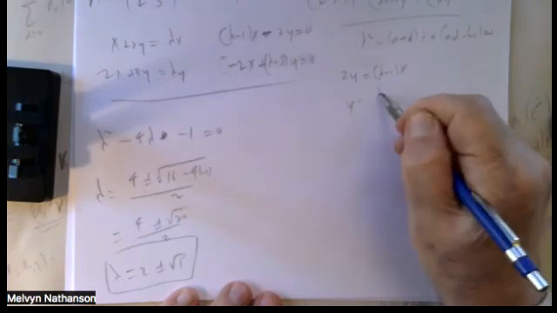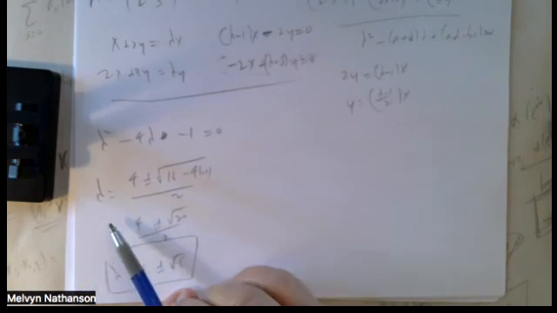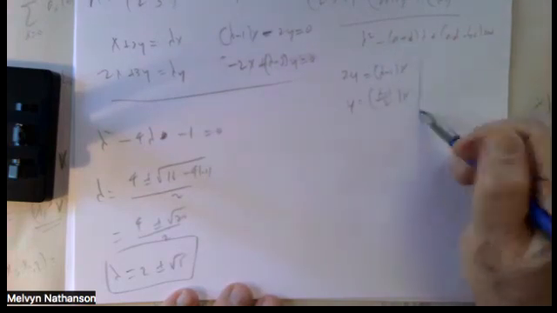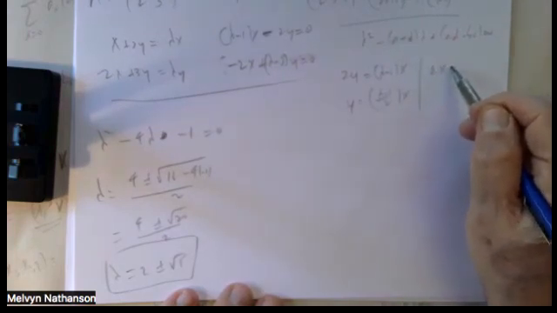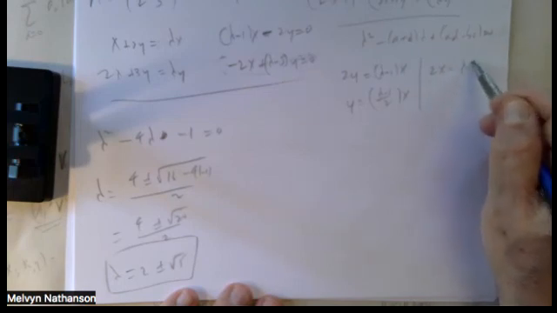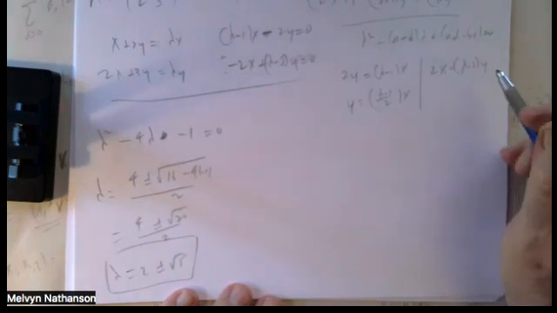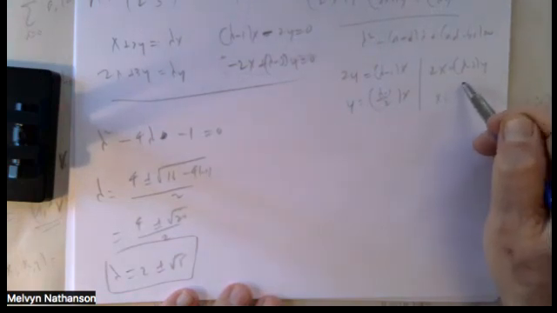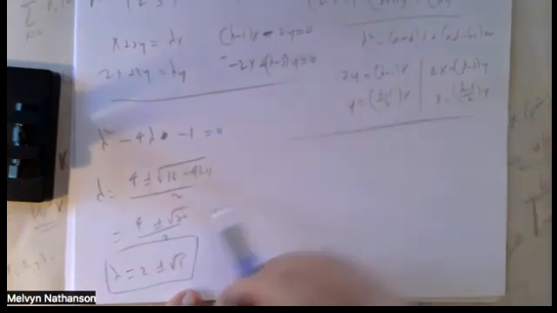So y is lambda minus 1 over 2 times x. And the second equation says 2x is lambda minus 3 times y. It should turn out to be the same thing. x is equal to lambda minus 3 over 2 times y. So let's just see what happens.